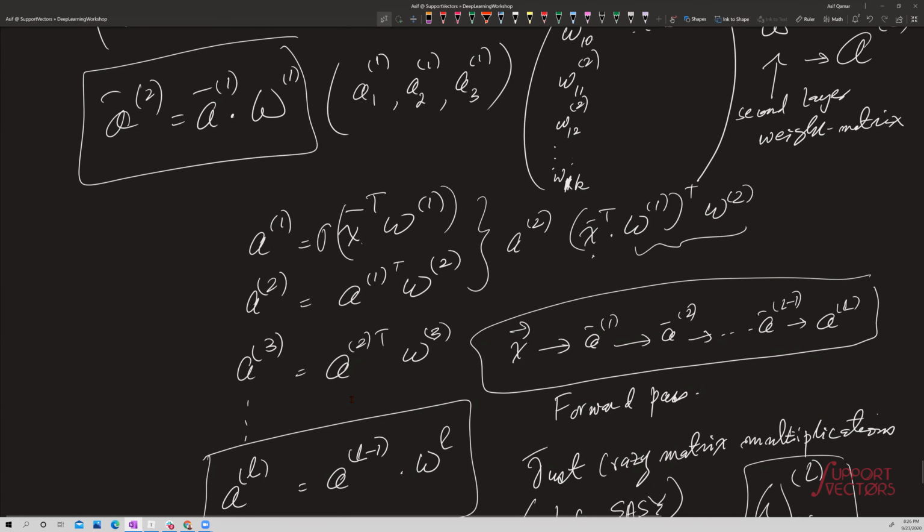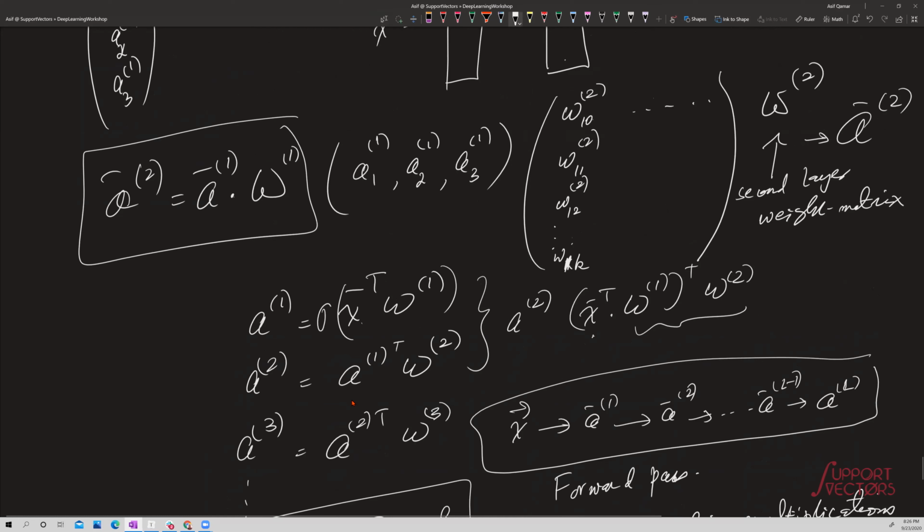Yes, it is A1 transpose, A2 transpose and all, times this, A1 times this. You're right. So the transpose is in the first one only. Absolutely. Thank you. So when you are doing this chained multiplication, you don't have to transpose each time. You just need the transpose of the input vector, and after that, it is just straightforward.